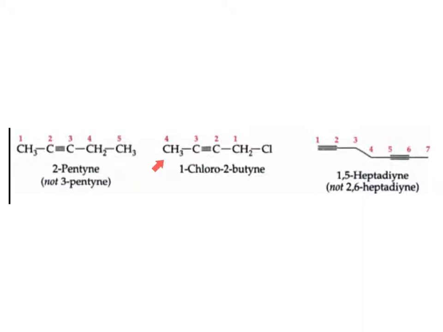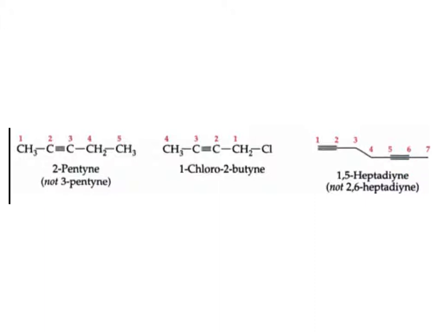Here again we have a 4-carbon compound, and we notice that we have something coming off of carbon 1, and we have a multiple bond right here between 2 and 3, so we would have a 1-chloro-2-butyne.